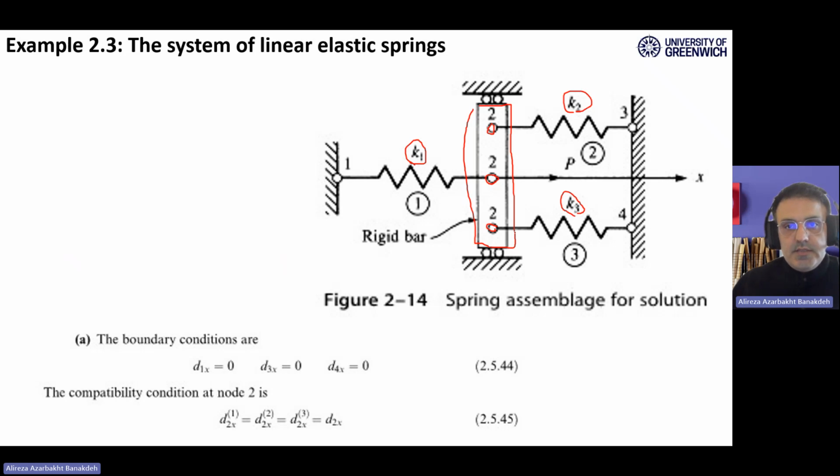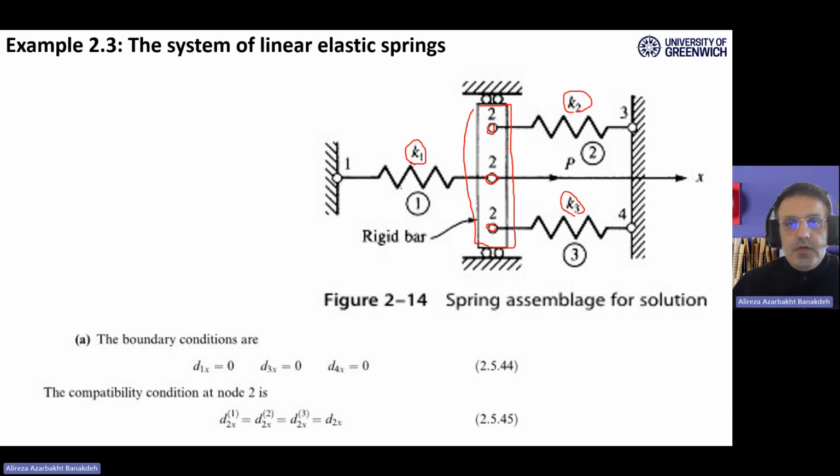But in this case, all of the springs are horizontal, so the deformations will be only horizontal. And as you see, this solid plate, which connects these three nodes together, will force the end of the spring, the left spring, and the right hand side of the left spring and the left hand side of the right springs, all of them will move horizontally.